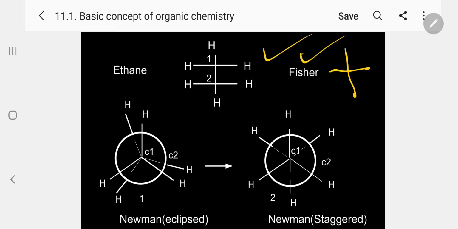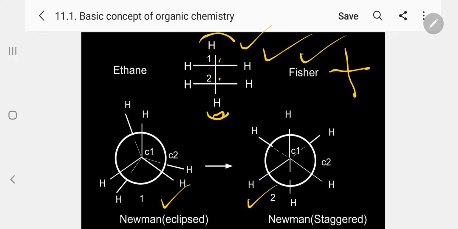Kindly follow. What you are seeing below is the eclipsed and the corresponding staggered conformation in Newman projection. According to Newman, you can view the molecule either from the top or from the side. Suppose we are viewing from the top. This is carbon 1, this is carbon 2.